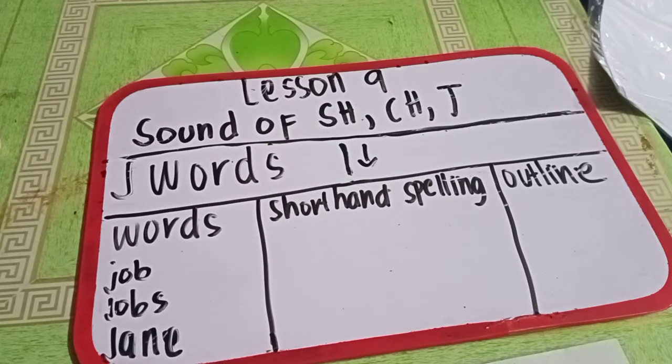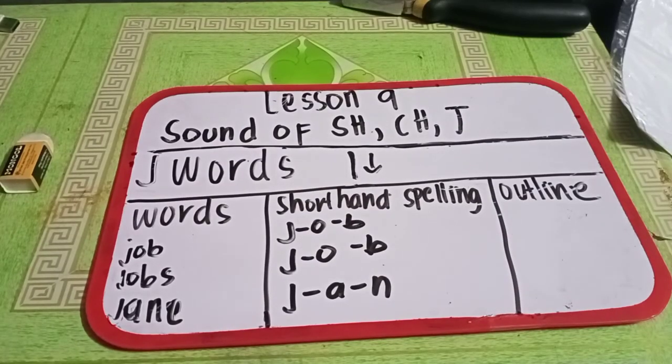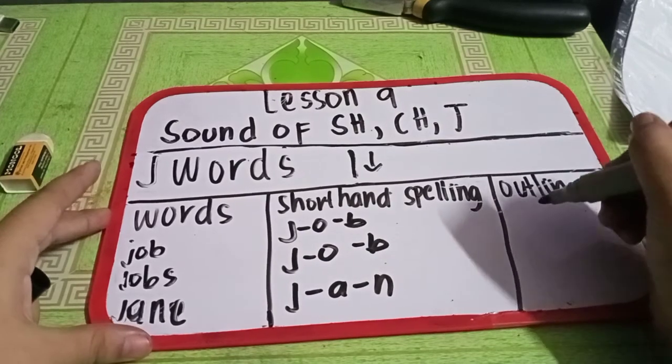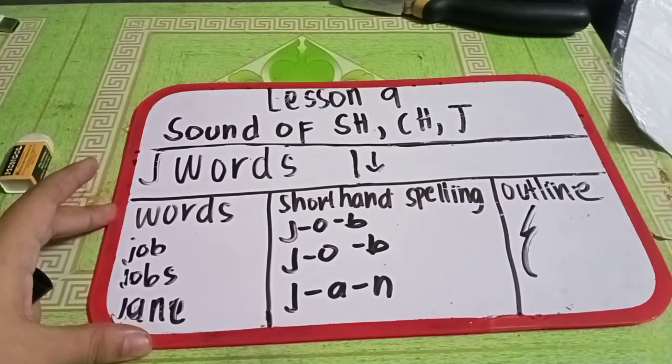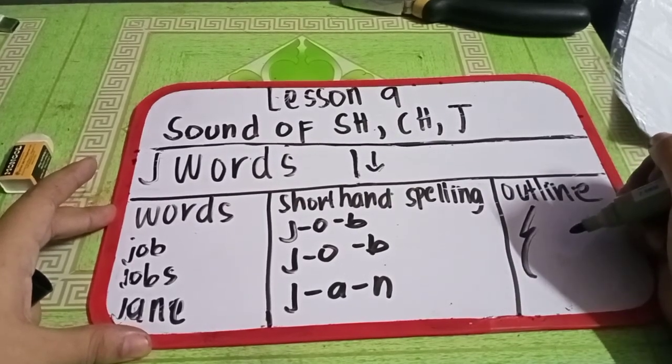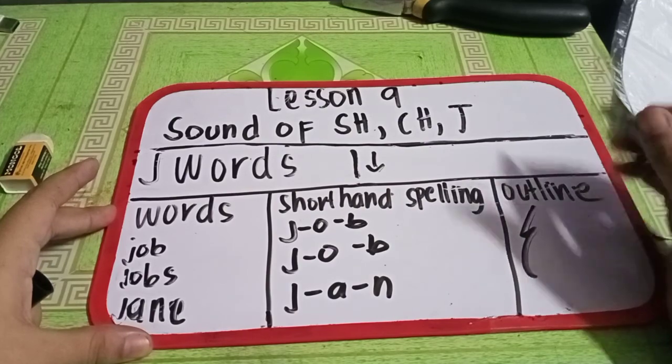5 examples. First is job. The shorthand spelling of job is J-O-B. And then the outline is J-O-B. And then the next example is jobs.